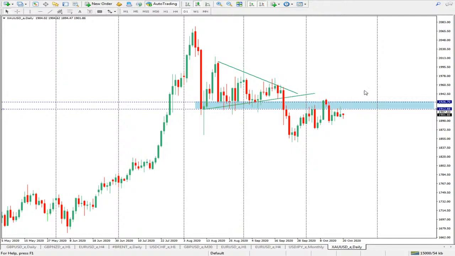Expect price to sell off around this point up to the support which we have, which is this one, 1857.62. So just a pullback and then a continuation to the low. So this is what should happen. So look for a sell position at this point. Expect that sell to take price up to this support.